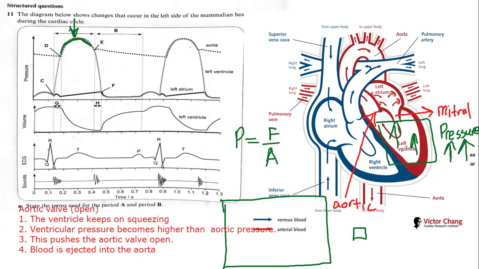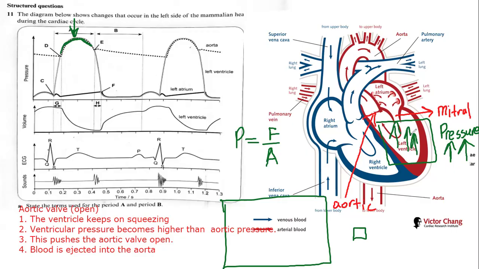Okay, because the pressure in the left ventricle is so high, it would force the aortic valve open, and therefore the blood will be able to flow, or as you say, be ejected into the aorta.